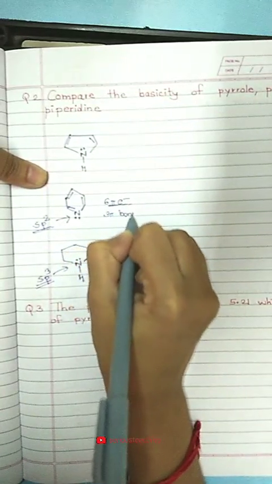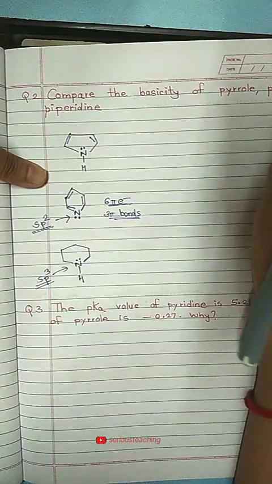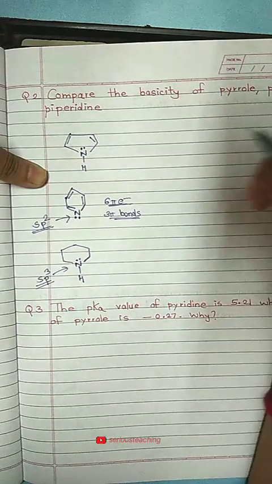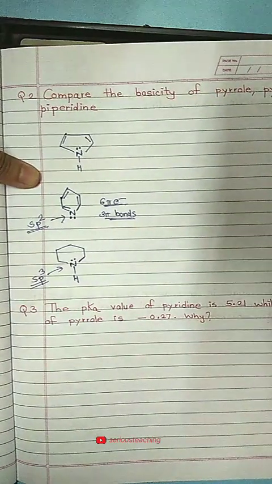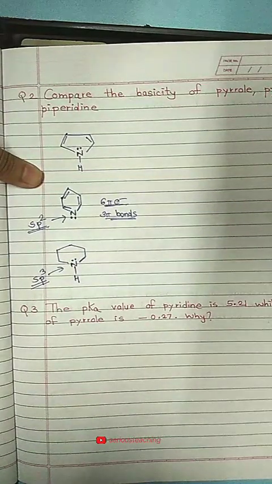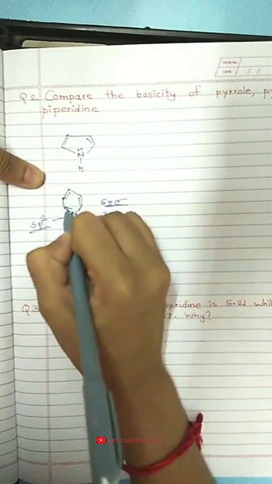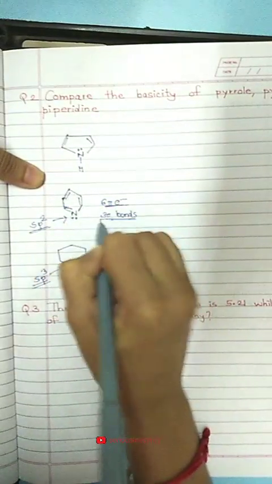You know that any aromatic compound is more stable than a non-aromatic or anti-aromatic compound. Therefore, if there is a chance for a compound to be in aromatic form, it will try to stay in that aromatic state. Here in this ring, 3 pi bonds are present.